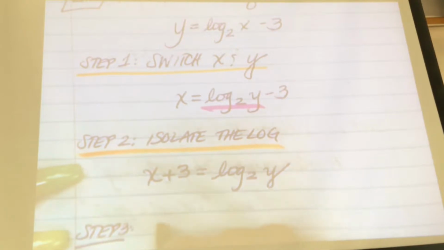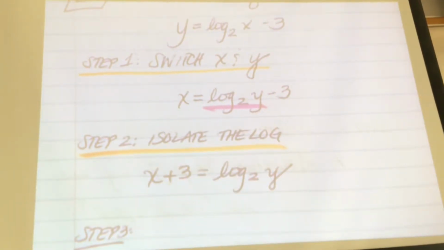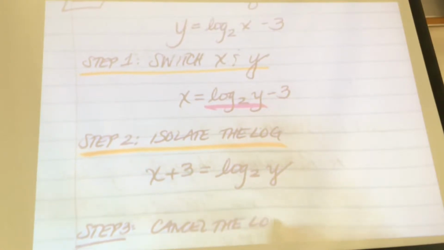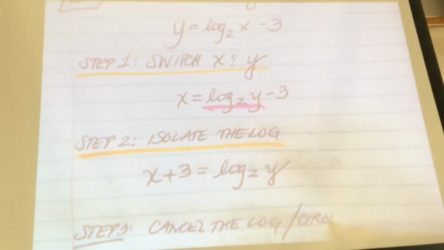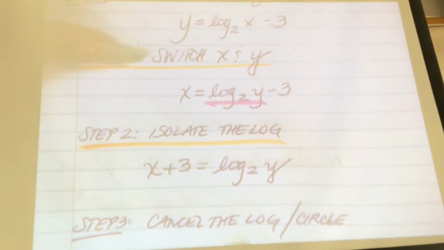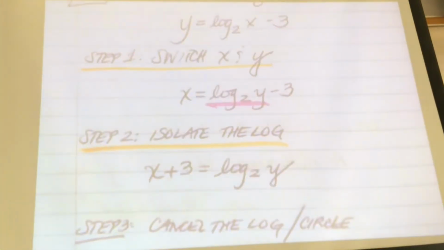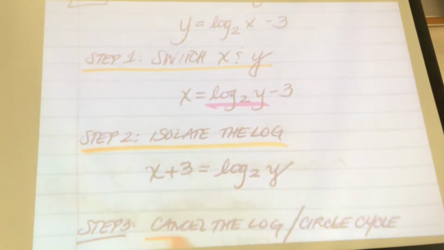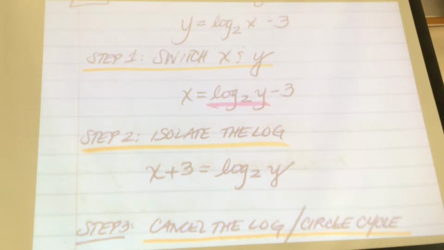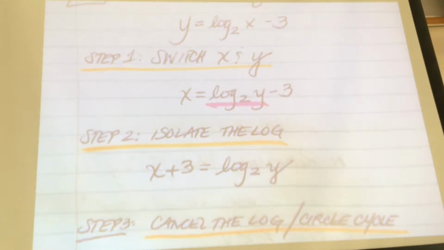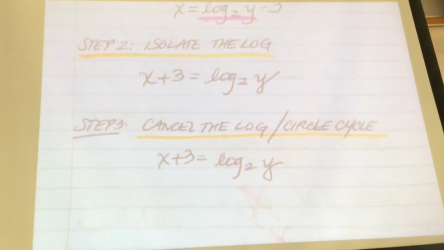Step 3, we're going to cancel the log and circle it up. So I had an x plus 3 equals log base 2 of y. I'm going to cancel the log.